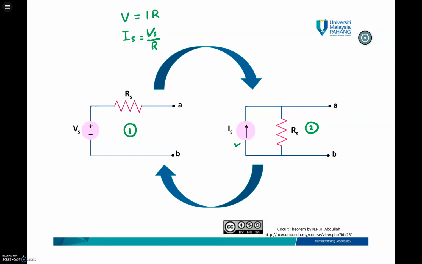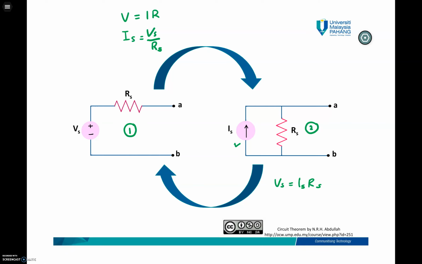Then you can find the value of Is. And if you want to transform from the Is to the Vs, use Ohm's law, which is Vs is equal to Is times Rs. So this is also Rs.